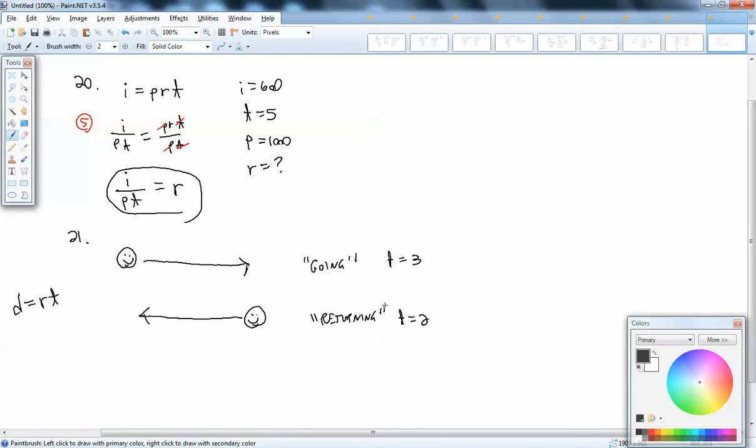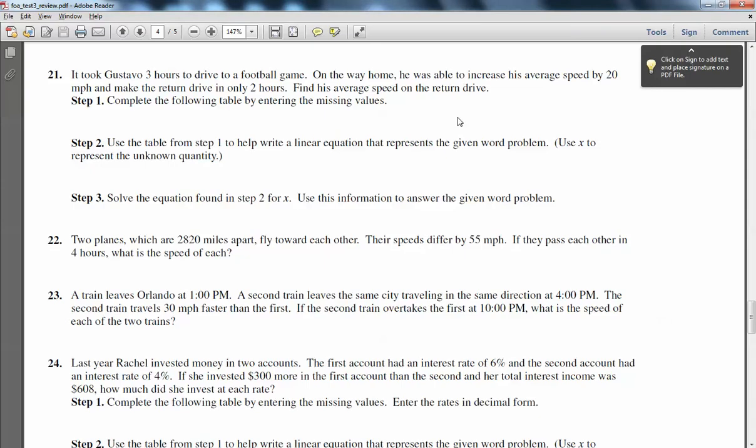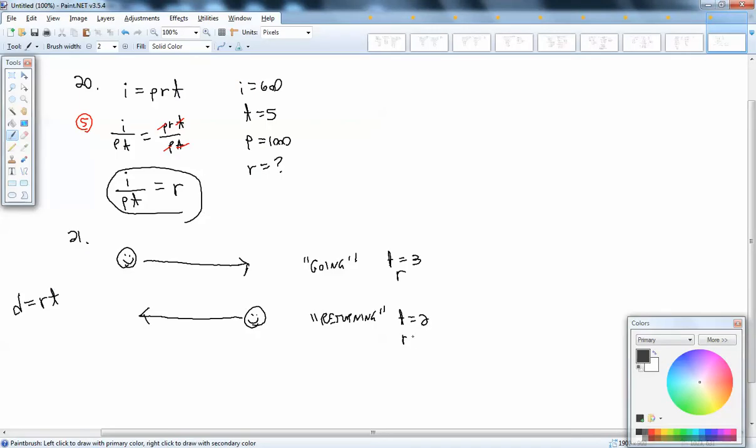Okay, so here, this was going a certain rate. And on the way home, he's able to increase his average speed by 20, which means he was going 20 miles per hour faster. So, for example, if he was going 40 miles per hour going, then increasing it by 20 would be 40 plus 20, which is 60 miles per hour returning.